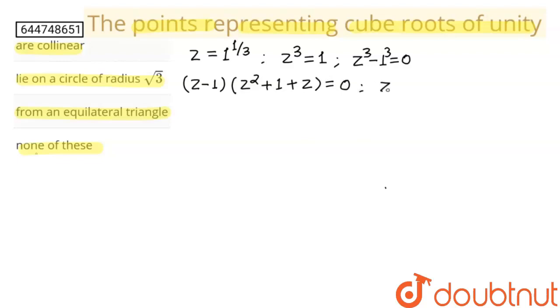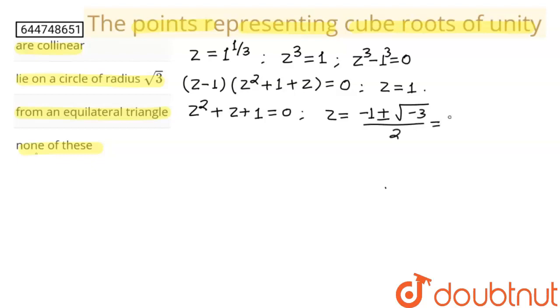So from here we'll get 1 root, z equals 1. Now the other 2 roots we will get from the equation z square plus z plus 1 equals 0. So let's find this. z will be equal to minus 1 plus minus root under 1 square minus 4, that is minus 3, upon 2. And this will become minus 1 plus minus iota root 3 upon 2.